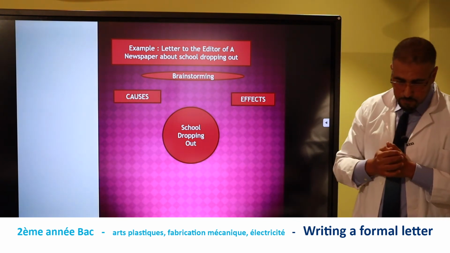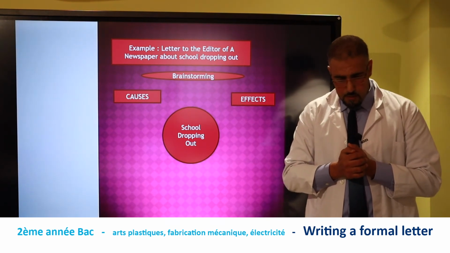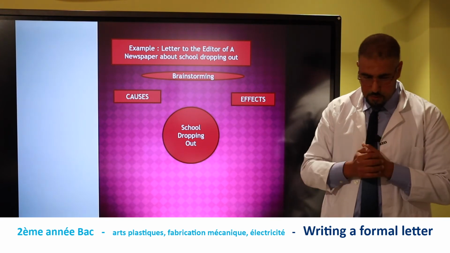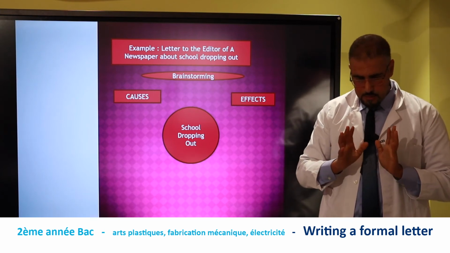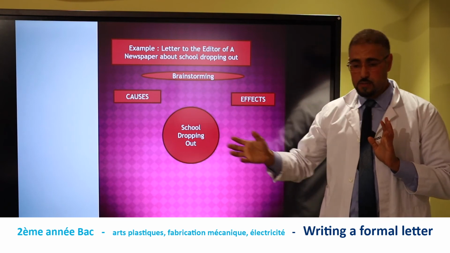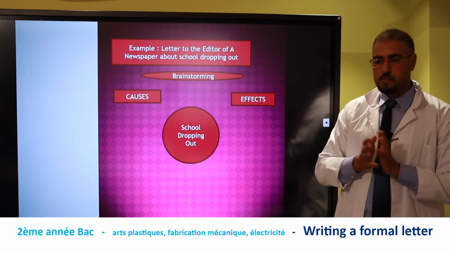As I told you, the example is a letter to the editor of a newspaper about school dropping out, leaving school early. Now, in the brainstorming, we have this semantic map in which we choose to talk about causes and effects, results.